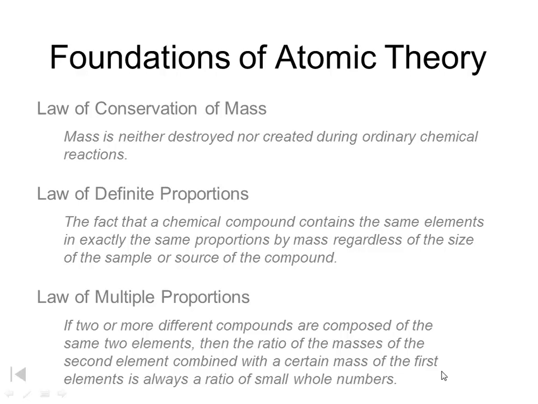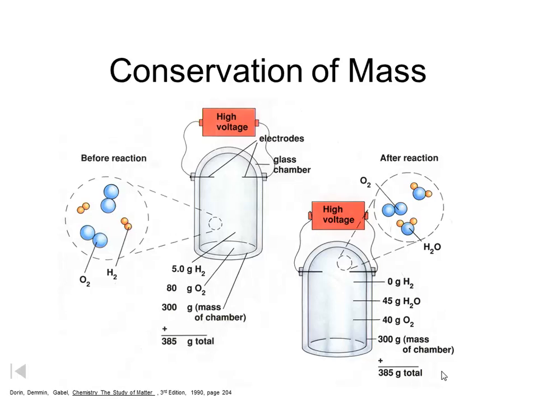These three laws were integral in making modern chemistry what it is today, and they explain a lot about the world around us. So, conservation of mass. Here's a little diagram explaining it. Basically, no atoms are lost in a chemical reaction.